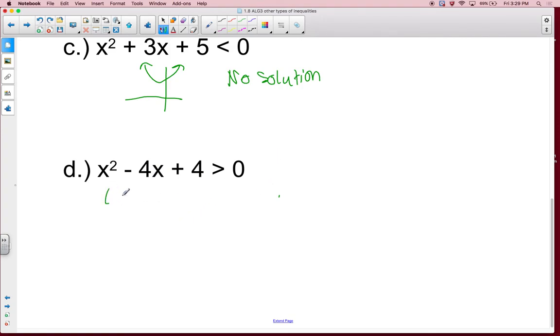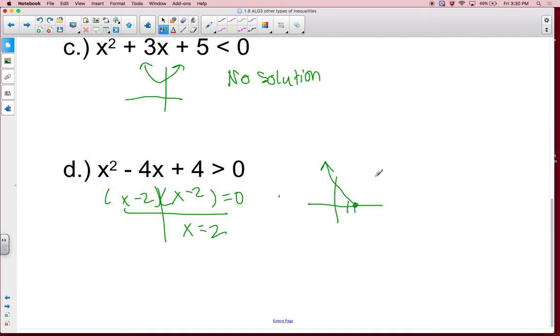D, okay, part D here, if we look at this one, again, if I go ahead and factor this here, x minus 2 is another one where the vertex is going to be on your x-axis. So here's 2, 0, right here. It faces up with the y-intercept of 4, right? My beautiful graph there. Okay, and it wants to know, where is it greater than 0? So this entire graph is greater than 0 except for at 2.